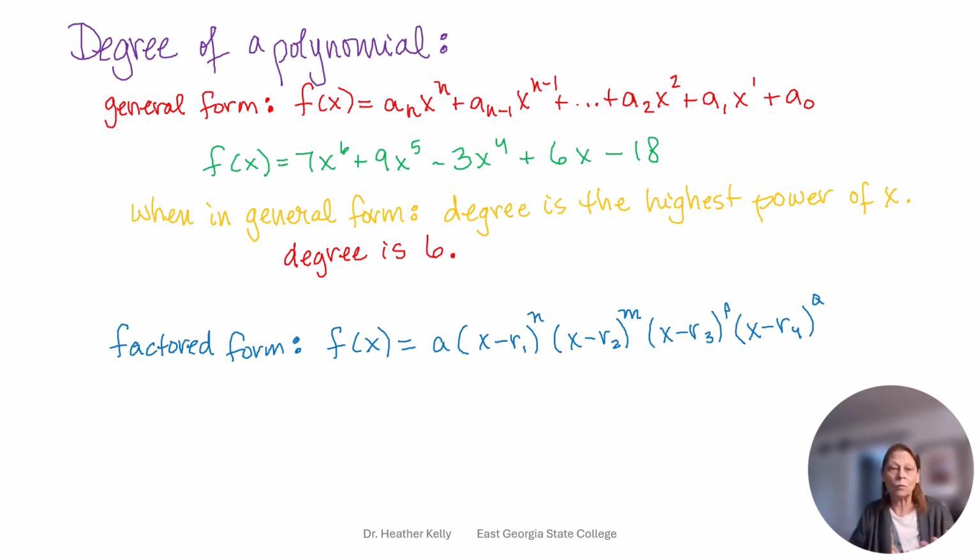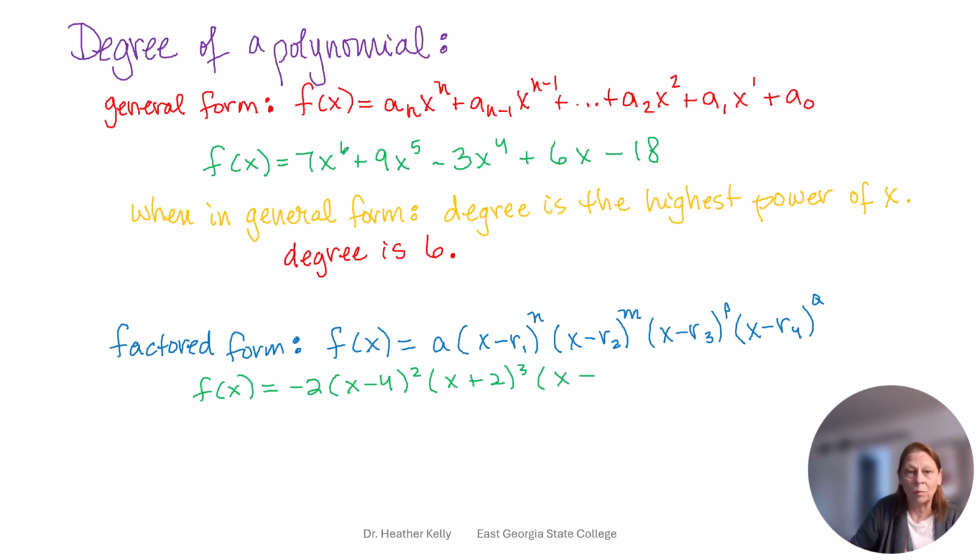Okay, so this would kind of be in factored form, and let me write out one so that you can wrap your brain around what I just wrote. So if we had something like -2 times (x minus 4) squared times (x plus 2) cubed times (x minus 1/3) to the 5th times (x plus pi) to the 2nd, and we could go on and on here.